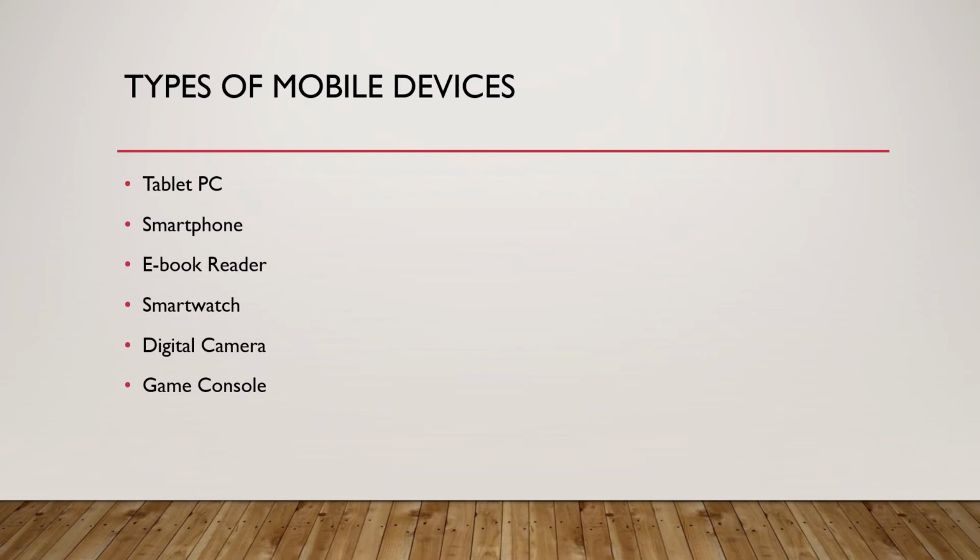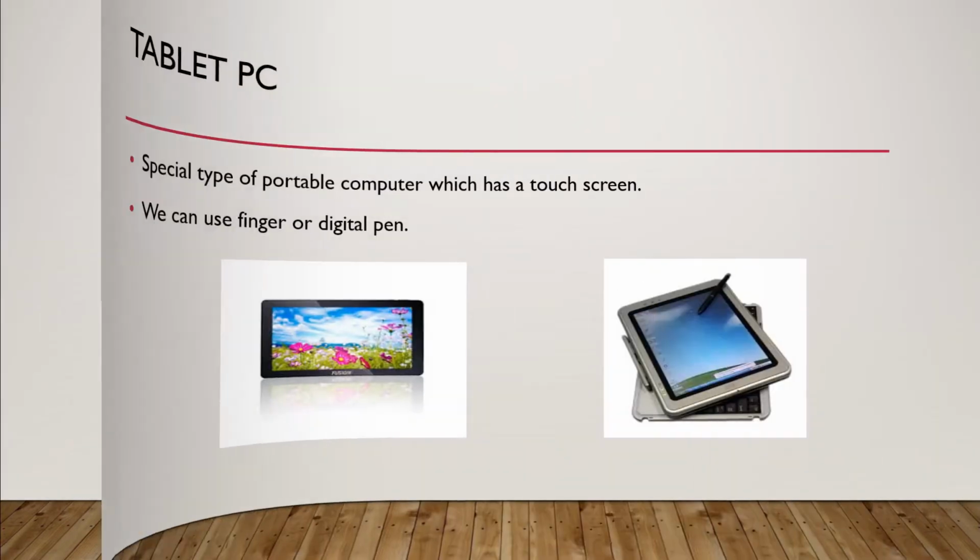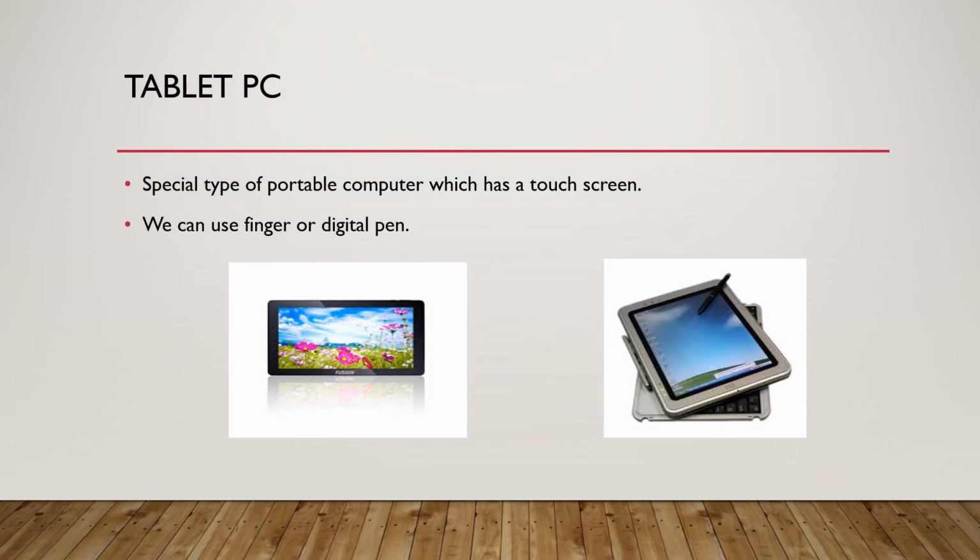First we will see the tablet PC. This is a special type of portable computer which has a touch screen. Hope you all know this tablet PC. Here we don't have any keyboard or mouse attached. It will be a touch screen, for which we can use our finger or a digital pen. Here I have shared two pictures.